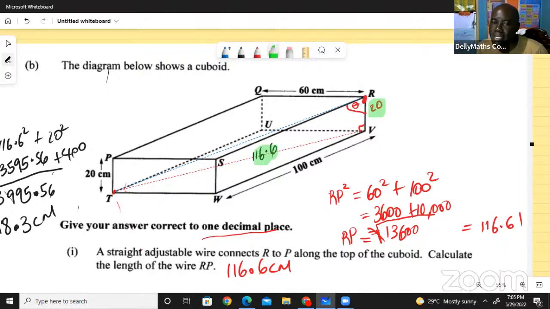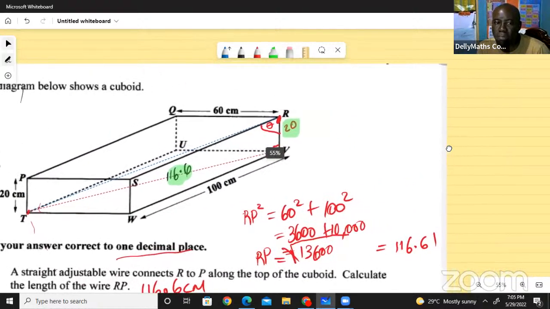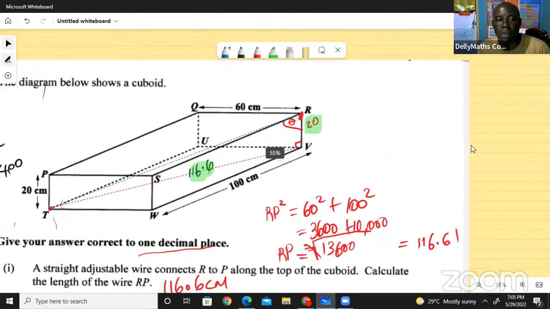If I'm going to use that, it's a tangent. It's a trig ratio, and it's going to be tangent to give me that angle, because the 116.6 is the opposite to that angle up there, and the 20 is the adjacent for it. So we're using the tangent.